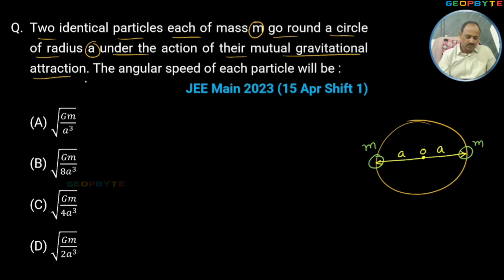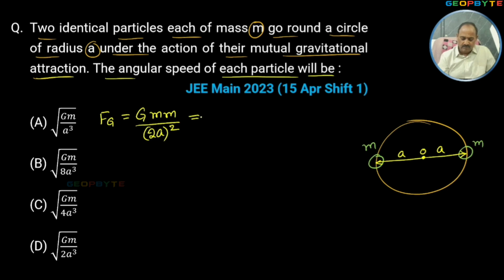Under the action of mutual gravitational attraction, the angular speed of each particle will be? What is the angular speed of each particle? This gravitational attractive force is providing the centripetal force. Therefore, this gravitational force of attraction equals G m m by (2a) whole square.